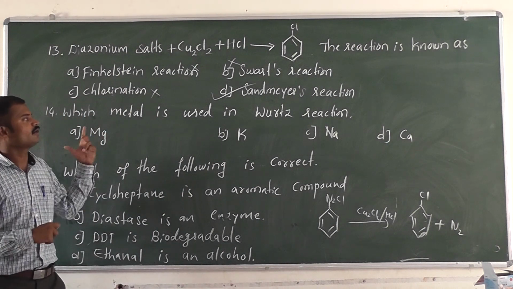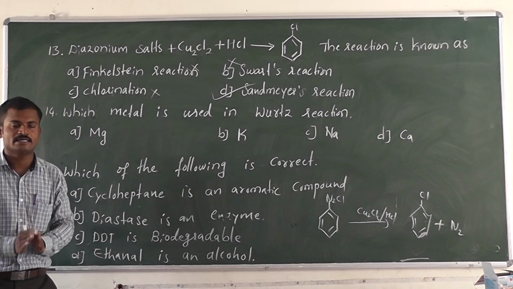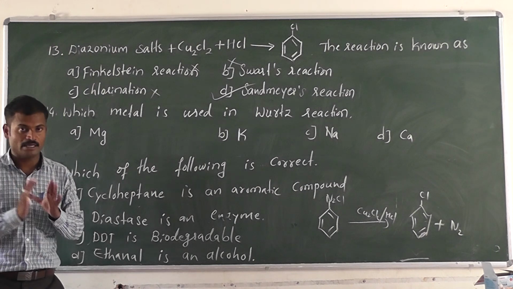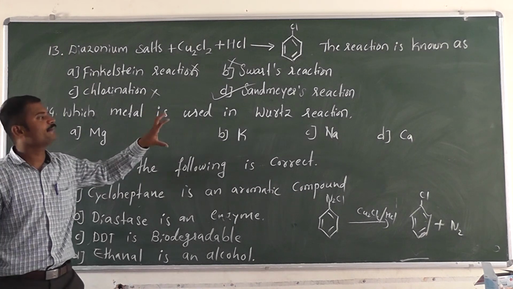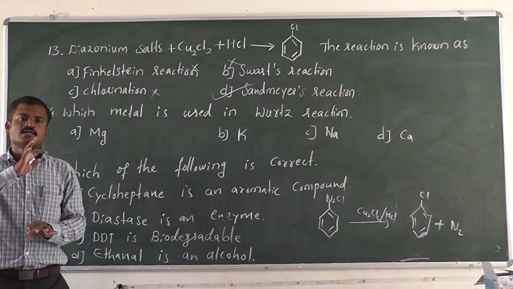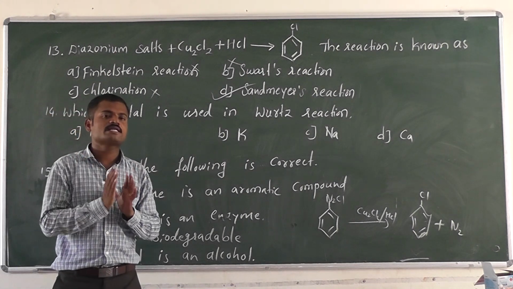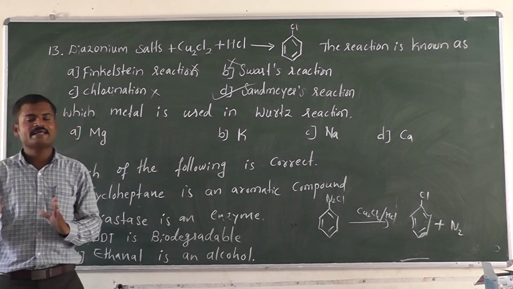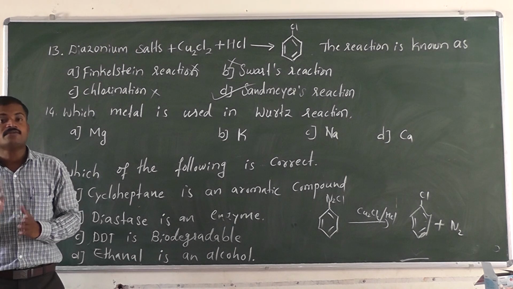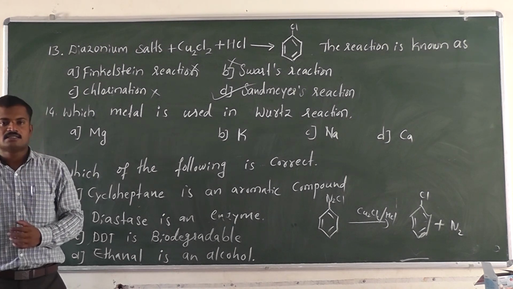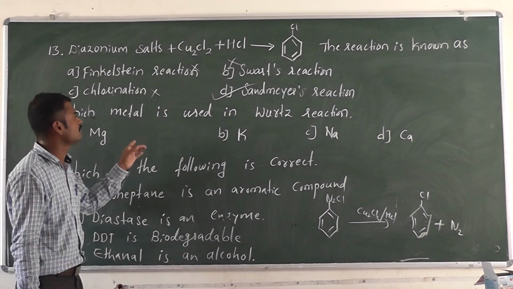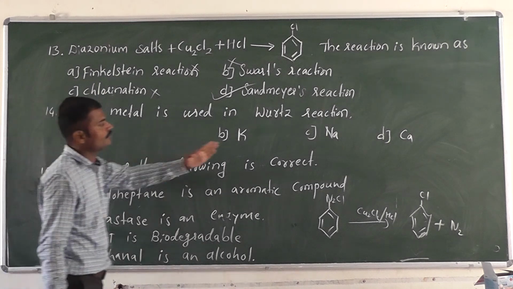But in case of Wurtz reaction, it is related to haloalkane, but the same metal, sodium, is used. It is used in Wurtz reaction, Wurtz-Fittig reaction, and also Fittig reaction. So whatever these reactions are, there will definitely be sodium.